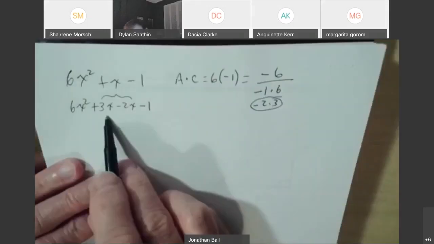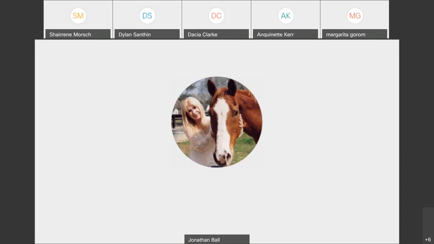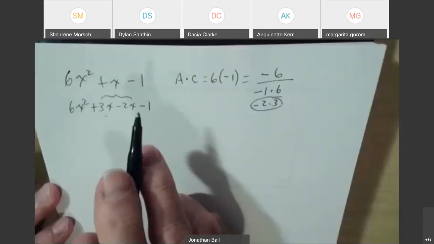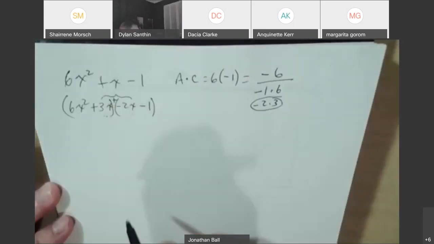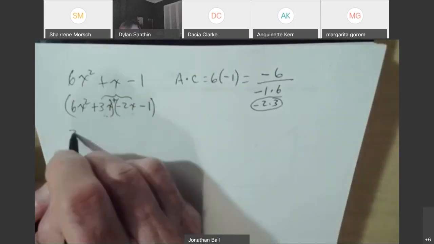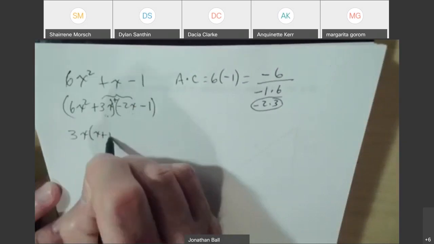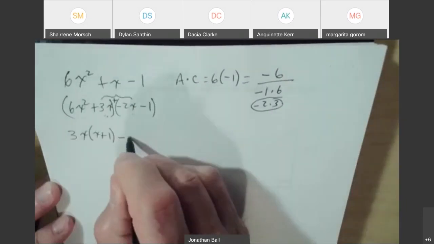If we were to combine like terms here, 3x minus 2x is a positive 1x. Okay, we're going to group these together. Group these together. There's a plus in between here. So what can we factor out of here? 3x, x plus 1. And what can we factor out of here? Negative 1.